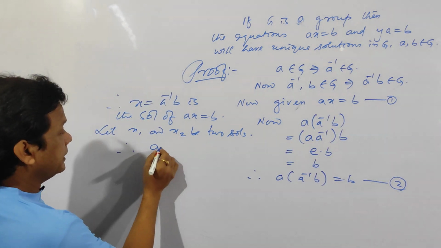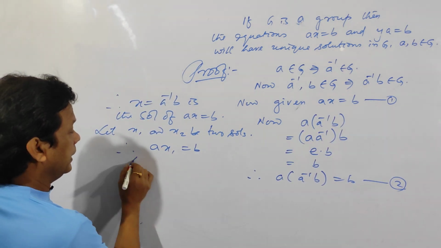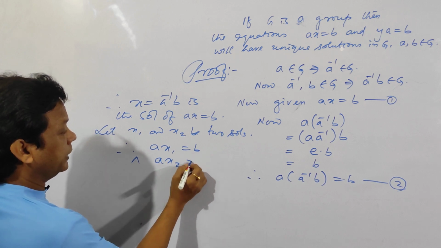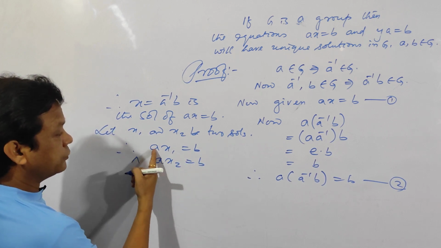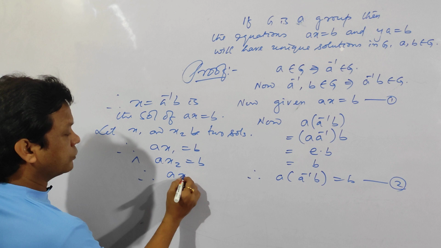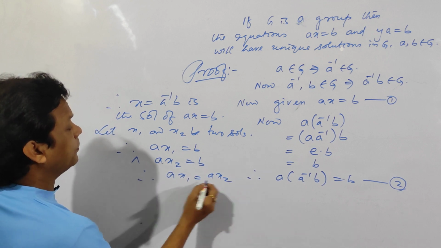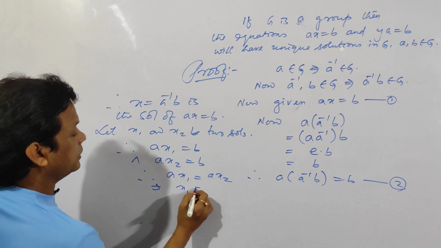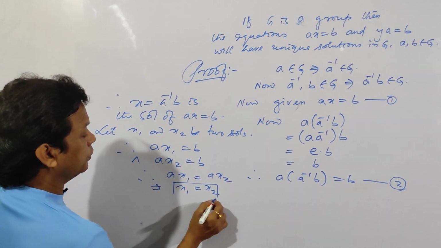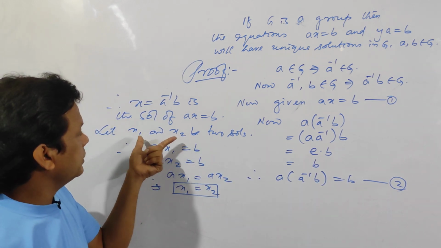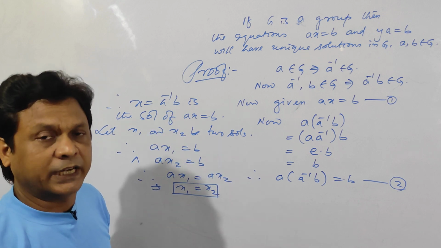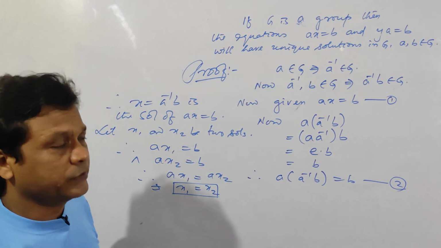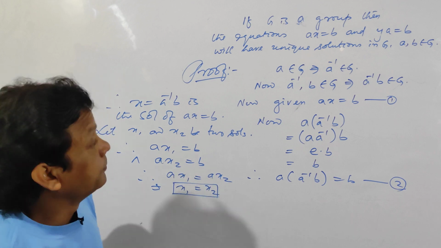So that means Ax1 is equal to B and Ax2 is equal to B. So Ax1 is equal to Ax2, and apply the left cancellation law, so that A will cancel out. So x1 is equal to x2. That means both the solutions are same. These two solutions are not different. They are identical. That means the solution is unique. Clear?